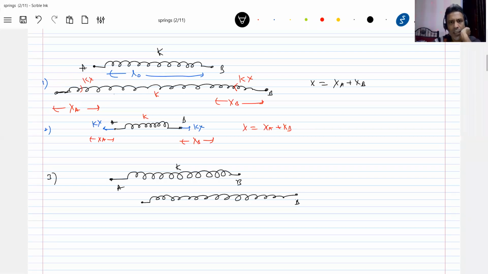Look now, the displacement of this end is towards the right, and the displacement of this end is also towards the right.